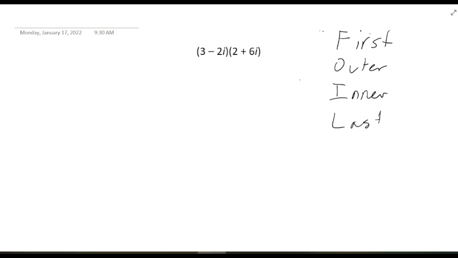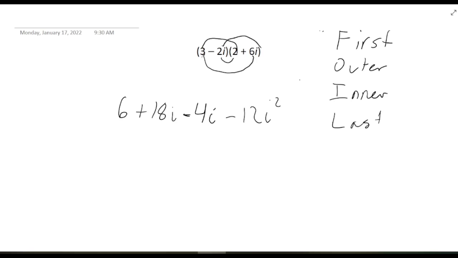So let's do the first terms. 3 times 2 would be 6. And then outer terms, 3 times 6i would be 18i. Inner terms, negative 2i times 2 is negative 4i. And then finally, the last terms. Negative 2i times 6i would be negative 12i squared.